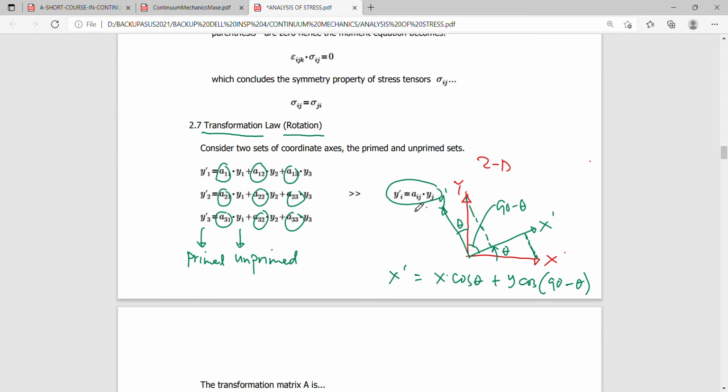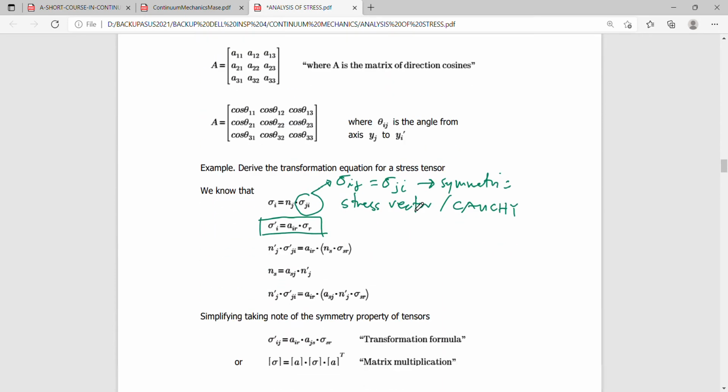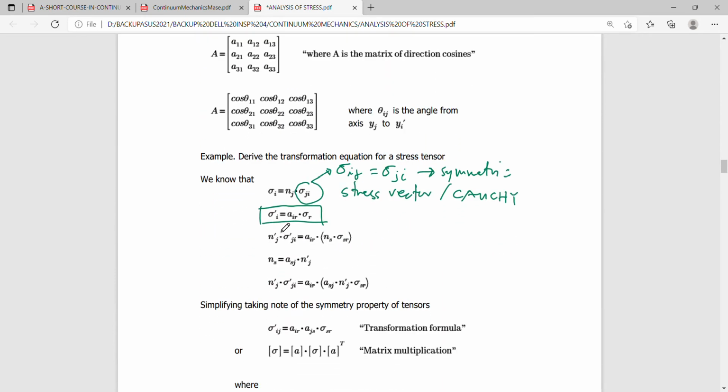This is also true when you want to convert a vector, which can be thought of as a unit direction vector, from the unprimed to the primed axis by a transformation matrix Air.